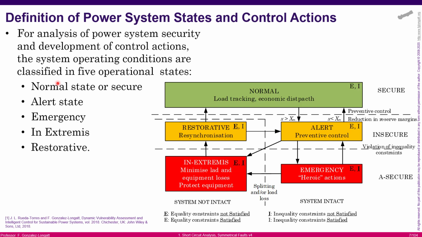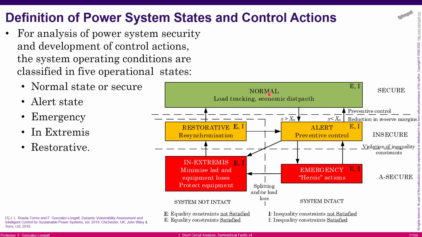What we call the normal state or secure state, that is the state that all the dispatchers at the control room like, because we are working with a perfect secure power system. All the variables are inside the limits, because the system is secure, we can perform some economic optimization coming from the economic dispatch, and we keep the lights on.